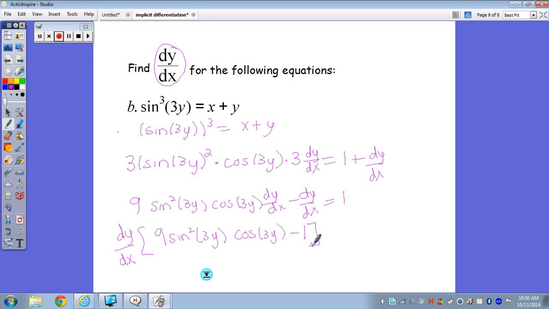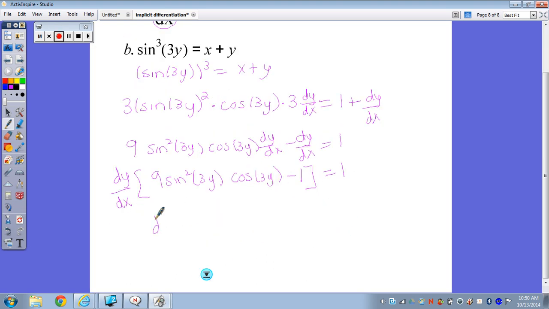Right, don't forget your minus 1 when you factor it out from dy/dx, and then the last step to get it by itself, I'm going to divide. Again, very messy answers, and you can't really simplify, which is fine. Okay, so that would be your answer.